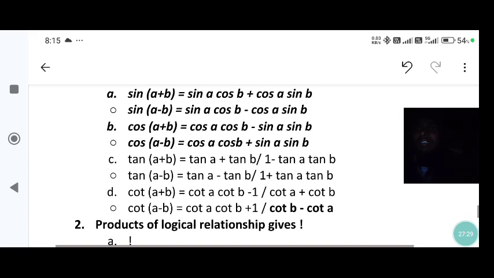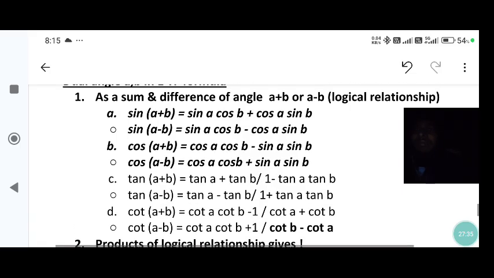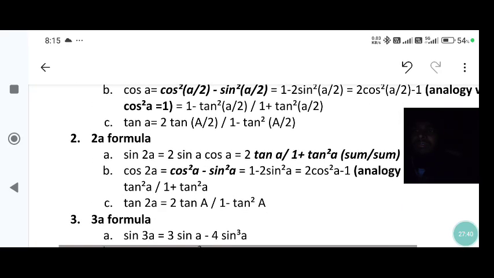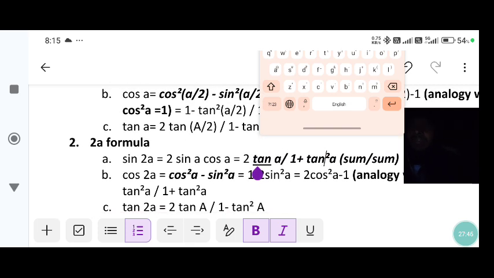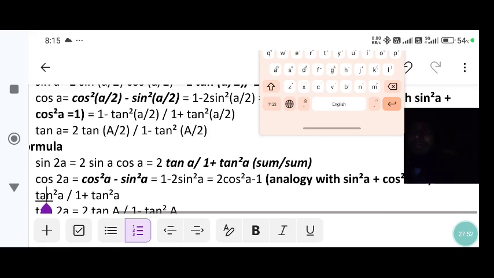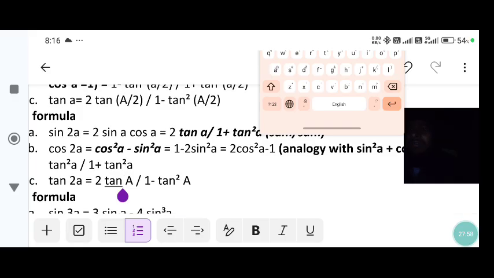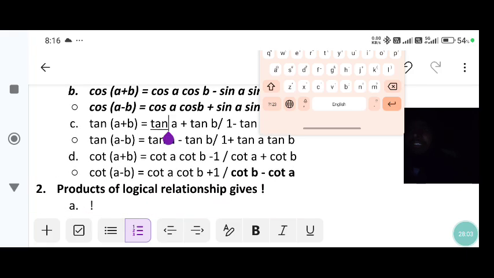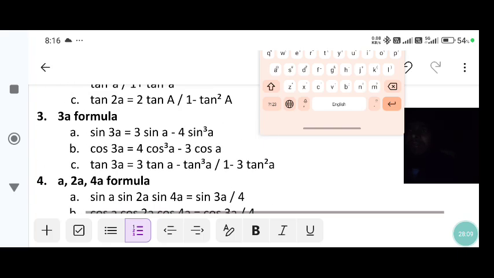It is like simple addition, and then subtraction. Here we can see the same type of formula: a simple addition and then 1 plus their multiplication, or simple addition and 1 minus their multiplication for tan a plus b.